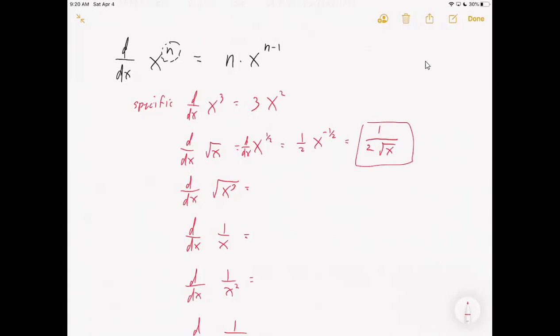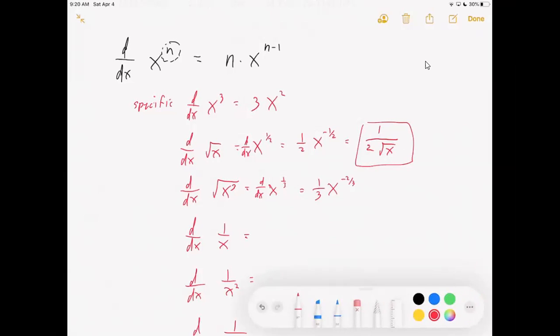This one is x to the 1/3. So we need the derivative of that. That is 1/3 x to the negative 2/3. Remember, when you're subtracting fractions, let me just put this on the side. If I want to do 1/3 minus 1, I really want to make that 1/3 minus 3/3.